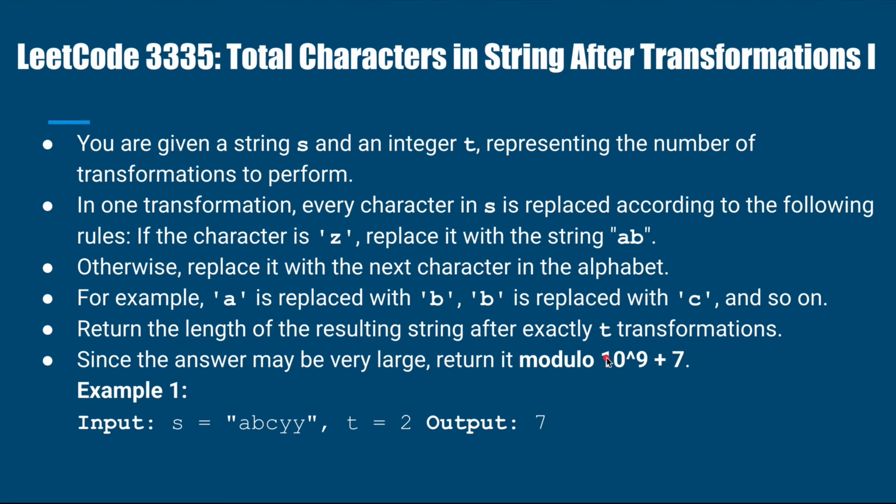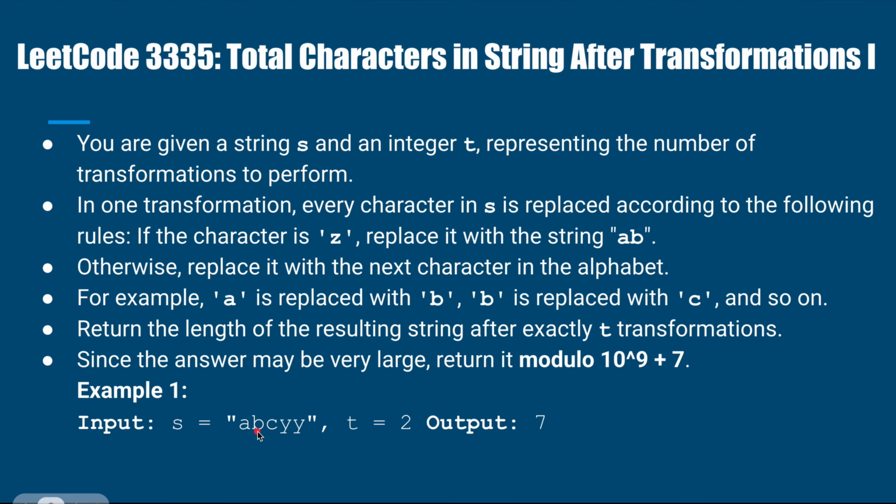Let's break down example one that we have been given. In the example, s is a, b, c, y, y, and t is equal to 2, and the output is 7. Why? In the first transformation, we have a as the first element, so we convert a into b.